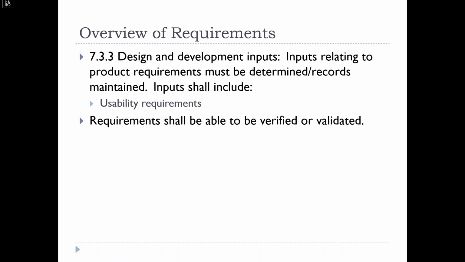733 talks about design and development inputs. So inputs related to product requirements must be determined and records maintained. And inputs need to consider usability requirements of the device. And any requirements should be able to be verified or validated in later stages.